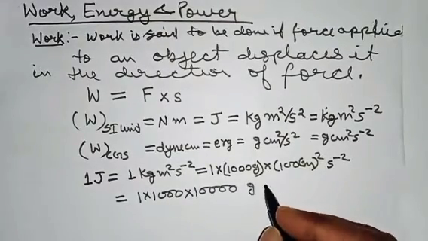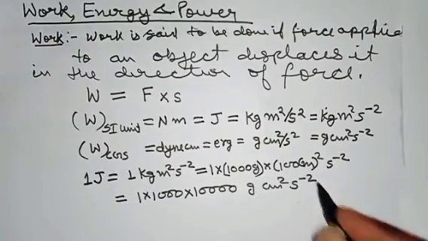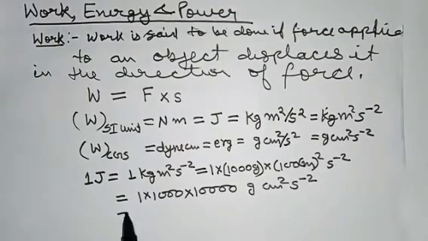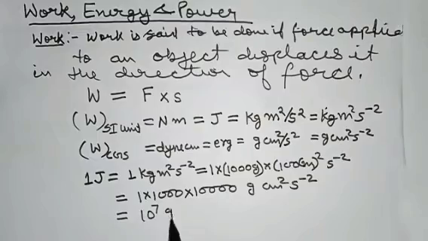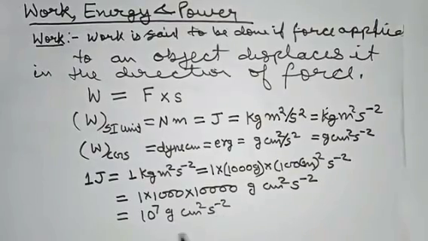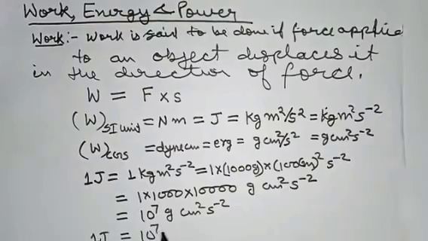So the rest of it is gram centimeter square per second square. Now it has become 10 to the power 7 gram centimeter square per second square, which is erg. So 1 joule is equal to 10 to the power 7 erg.